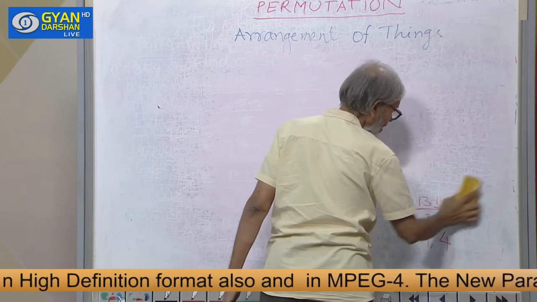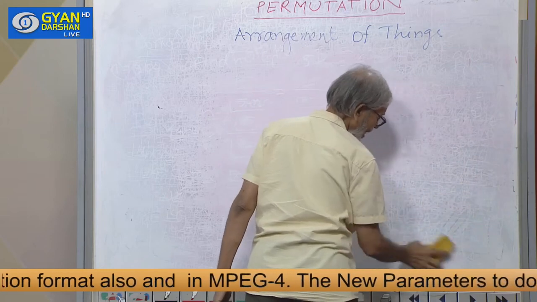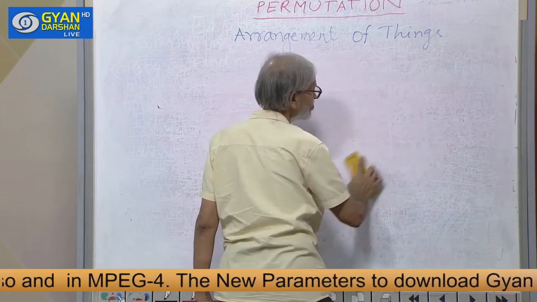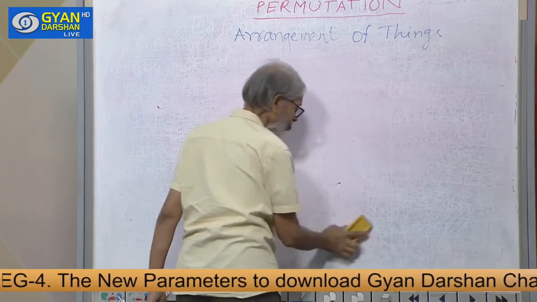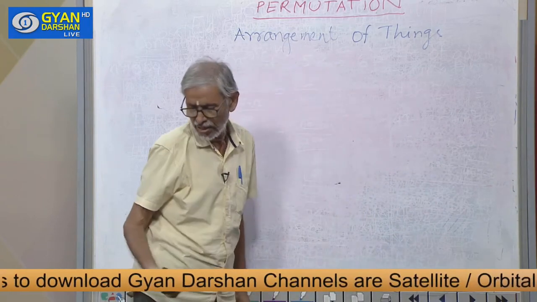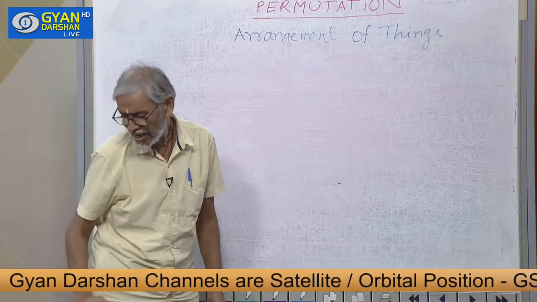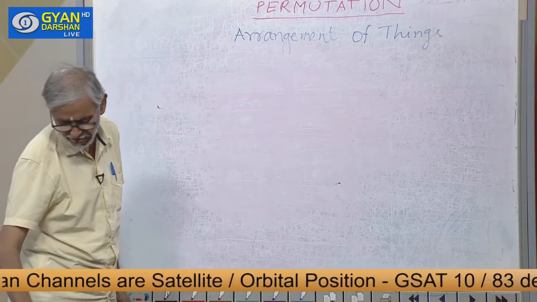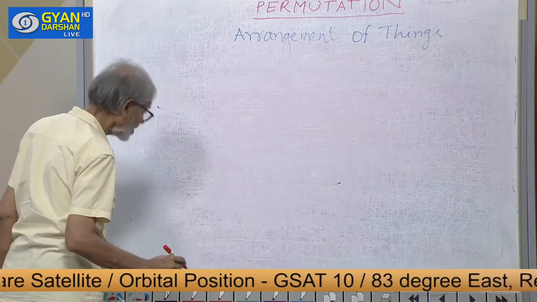So how many signals can be made out of these 4 color flags, taking any number of flags at a time?